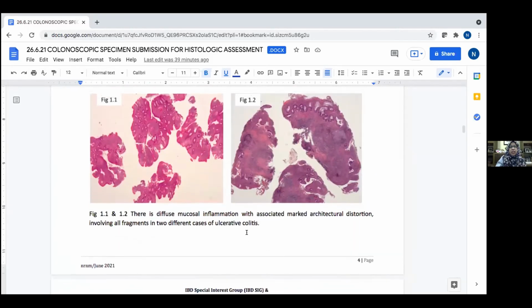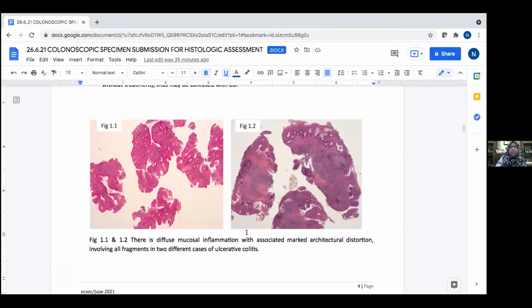Now, talking about the distribution of changes, this is the histology of 2 cases of ulcerative colitis. These pictures are trying to show that in ulcerative colitis, this is typically what it does. It causes diffuse inflammation involving all fragments.